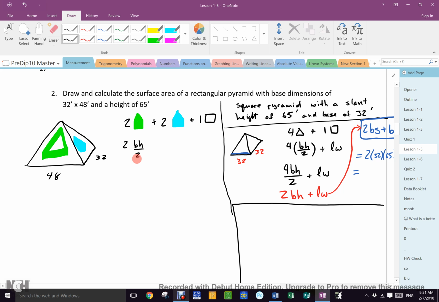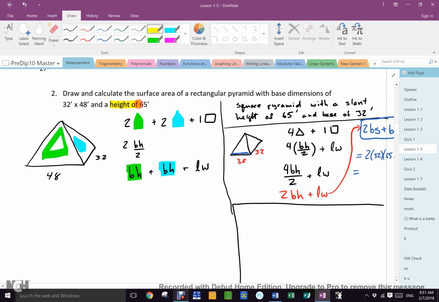They divide each other out, so they cancel, right? So I get the green BH plus what? What's going to happen to the blue one? I'm going to get the blue BH, and then I'm going to add the LW for the rectangle. Everyone agree?